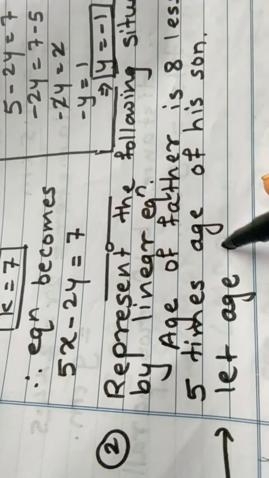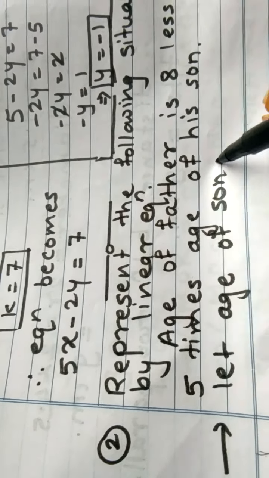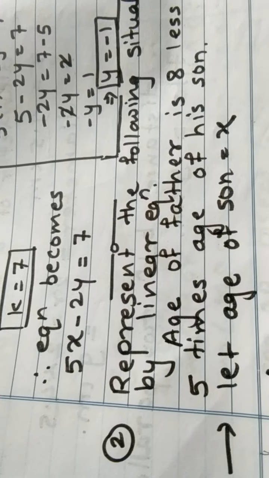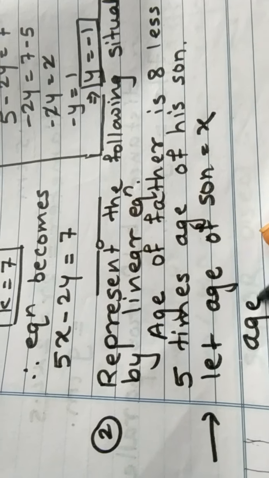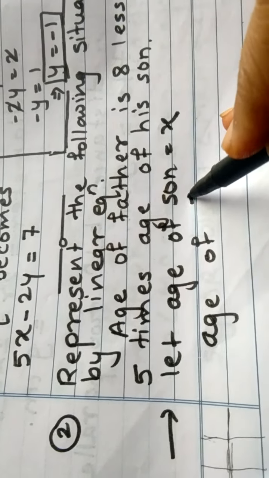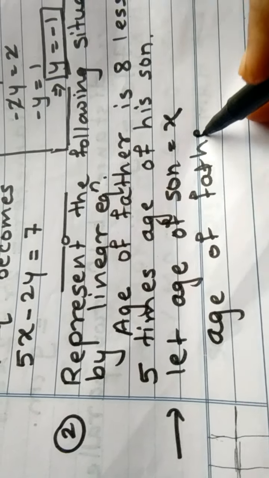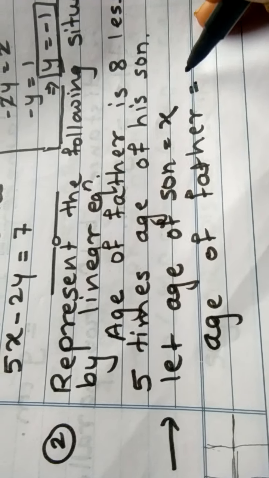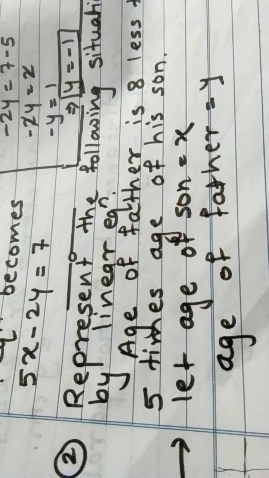We will suppose age of son is equal to x and age of father is equal to y. Now what is the situation?